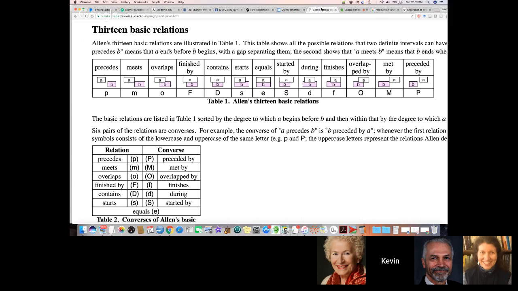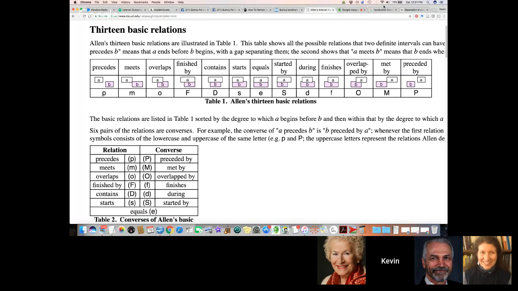In other words, his 13 basic relations, and it's within something called an interval algebra. Is that right? Is he representing a mathematical perspective here as opposed to a natural language one?